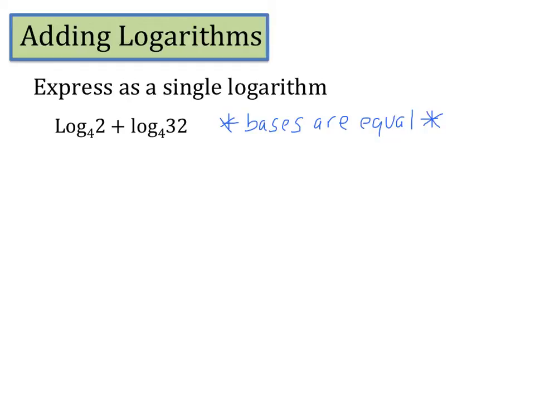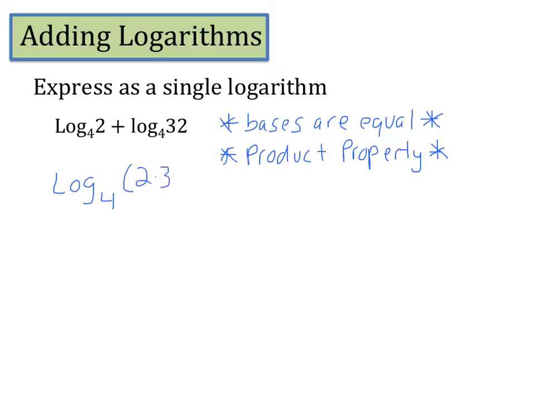Here we're using the reverse product property, which says that the logarithm of a product is equal to the sum of the logarithms of its factors. So we can combine these two: log base 4 of 2 times 32. Now, 2 times 32 equals 64.